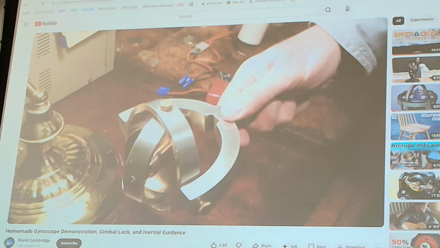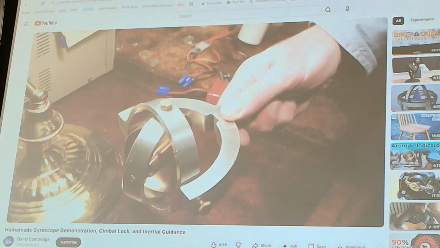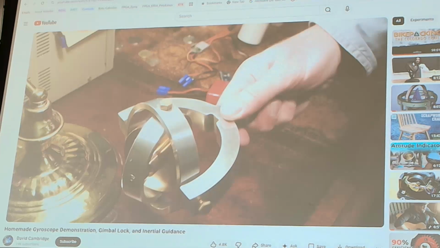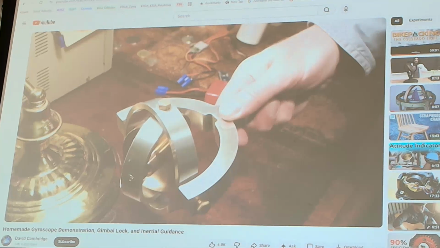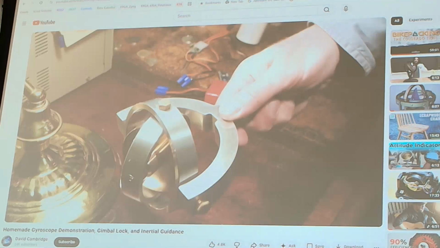In fact, a similar example is as you go from 0 to 360, what's the next number after 359? 360 or 0. So 359, 360 or 0. What if you're only going between 0 and 359?